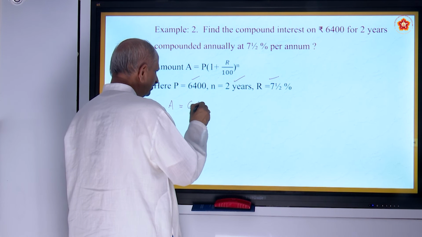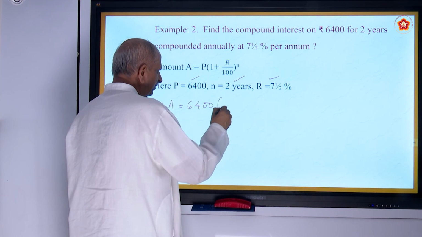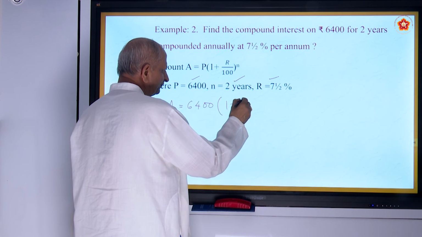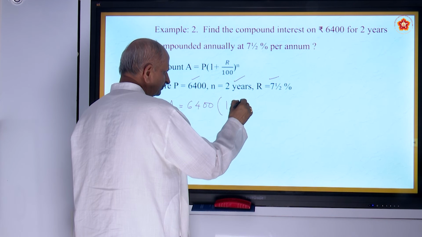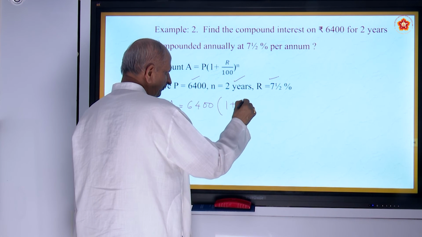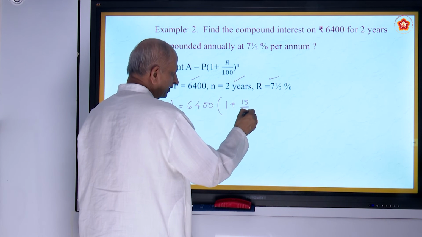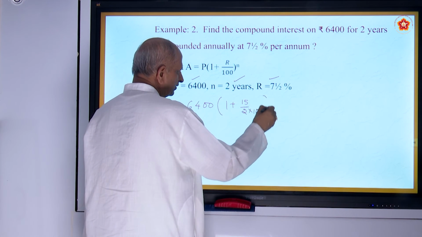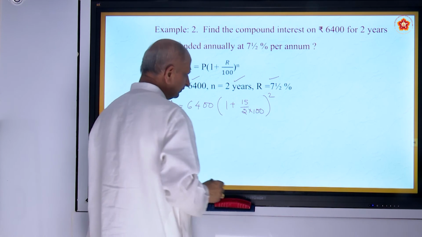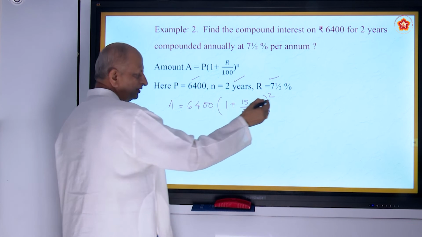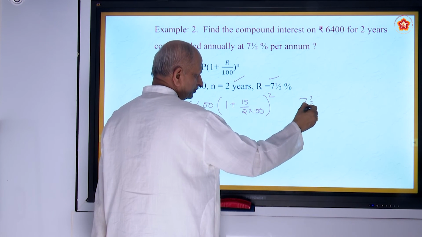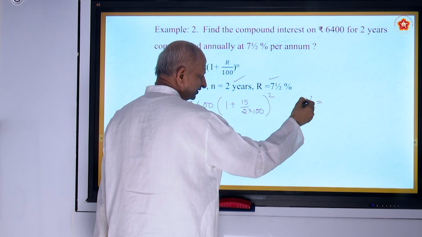So you have 6,400 into 1 plus 7.5, they are given. What is 7.5? 15 by 2, into 100, then squared. Understood this? 7.5 means that is a mixed fraction.